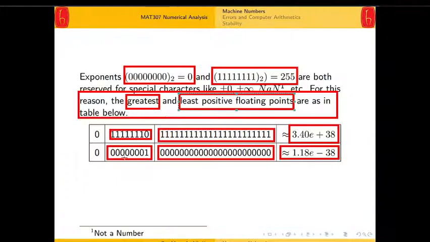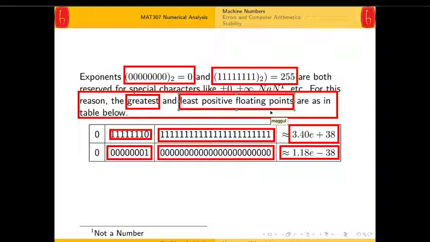So let's talk a little bit more about this. The least positive floating point is defined on machine numbers. In reality, if we have two real numbers, there is always another real number in between. Given 2 points on the real line, we have infinitely many numbers in between.